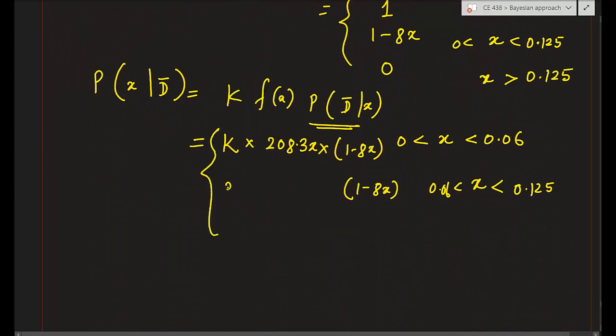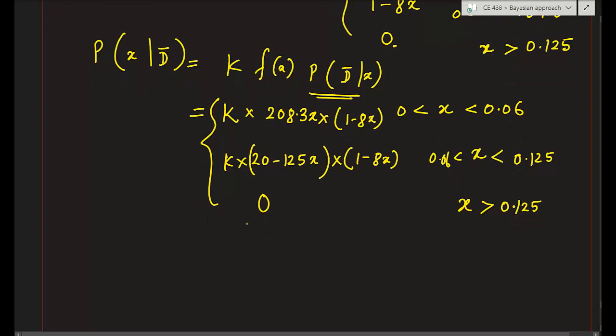So this is k times (20 minus 125x). And when x is greater than 0.125, in that case this term is 0, so if I multiply, it will become 0. So this is the function we have for the posterior probability density.